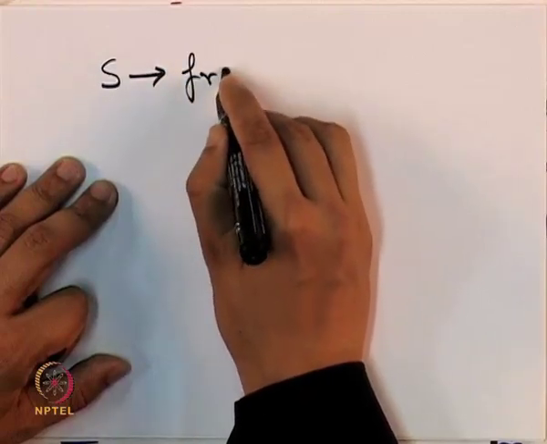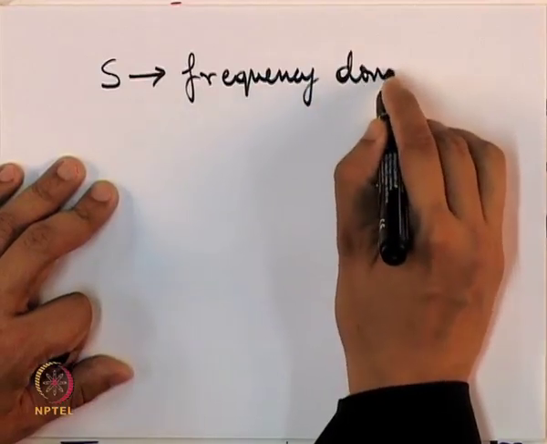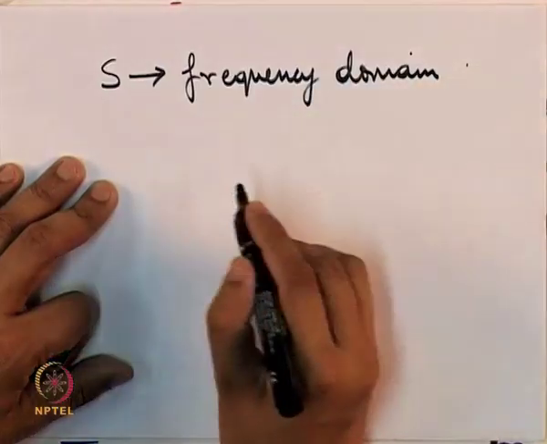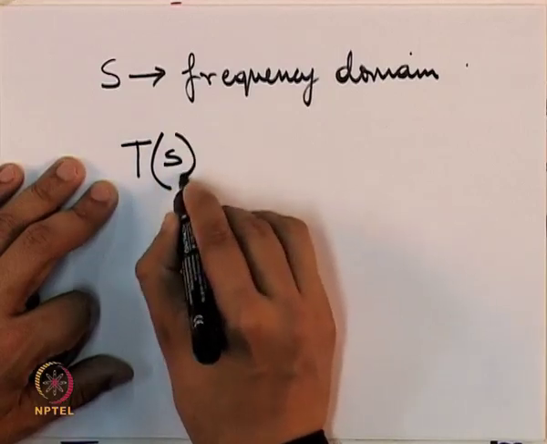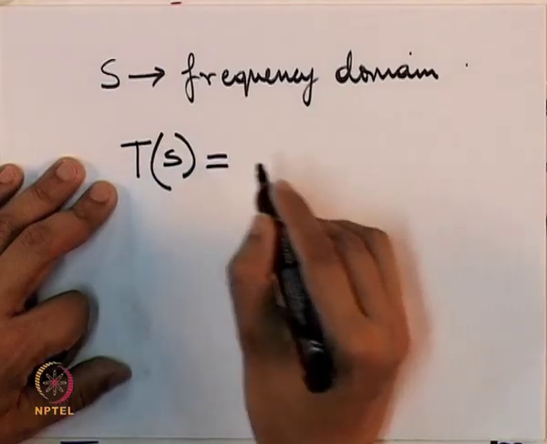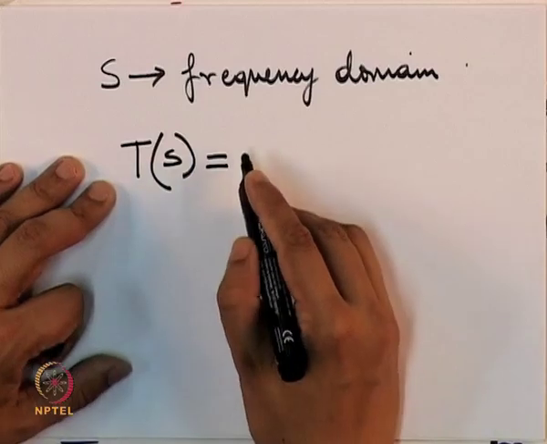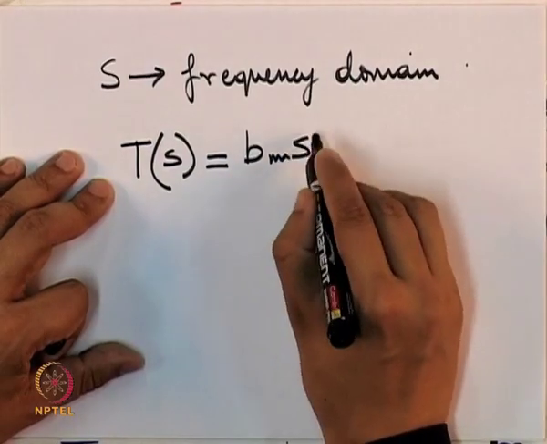We know what is a transfer function, but what is its advantage? The first thing is this variable S, this is a frequency domain variable. So this entire transfer function, suppose as I said, if T(s) represents the transfer function of a linear system, and I mentioned that T(s) is a rational function, so I might be able to write it like this.